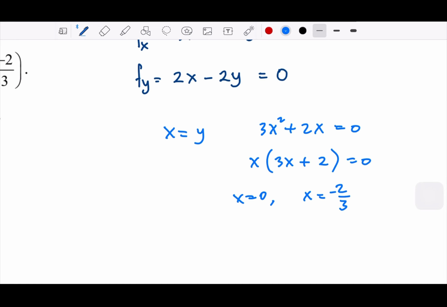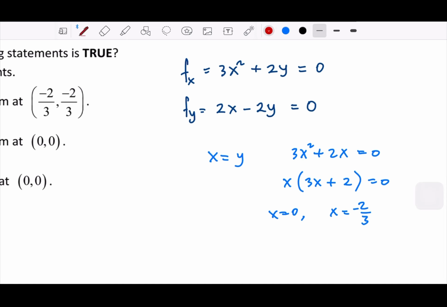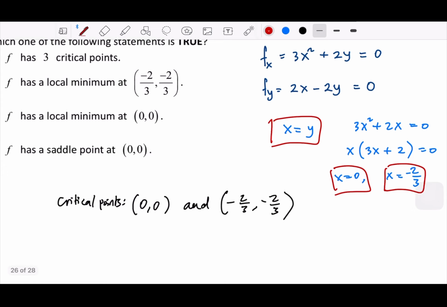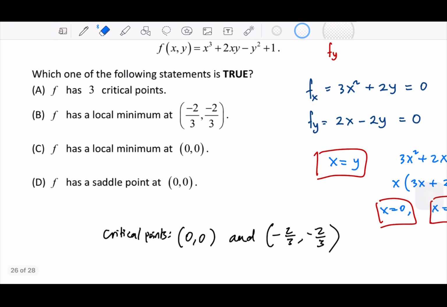Okay, so from these equations we have several points. So first we have 0, 0, the critical points, 0, 0 and negative 2 over 3, negative 2 over 3. So we have 2 points. So this one is wrong.